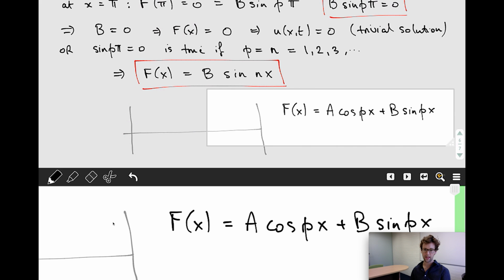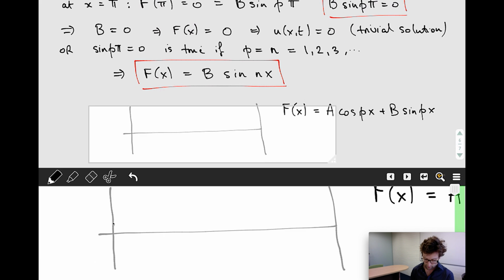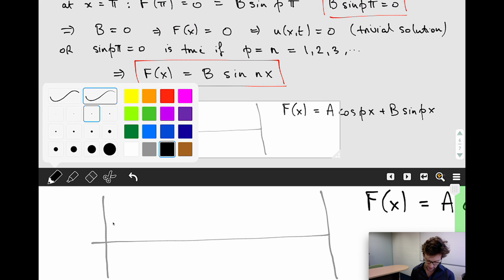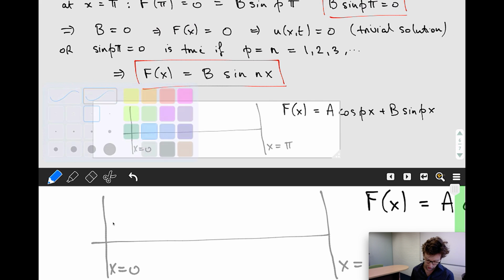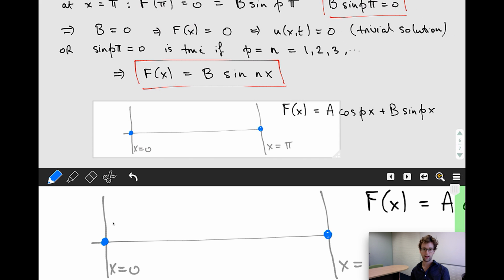So I need to figure out the a's, the b's, and the p's that will fit in to my domain here. So x is equal to 0 to x is equal to pi. And the only constraint I have is that I have to have 0 at x is equal to 0 and x is equal to pi. Well, what kind of sinusoids would fit in there?